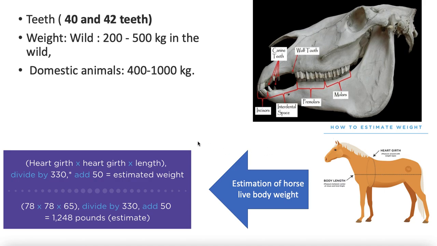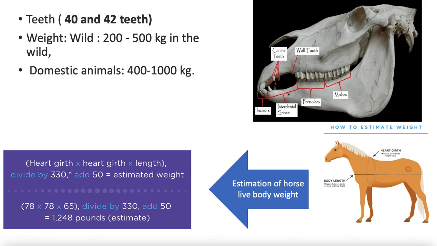And normally the weight of wild horses is 200 to 500 kg, but the domesticated horses now have almost 1000 kilograms of weight. And in some cases the heavy horses or the draft horses even have more weight.